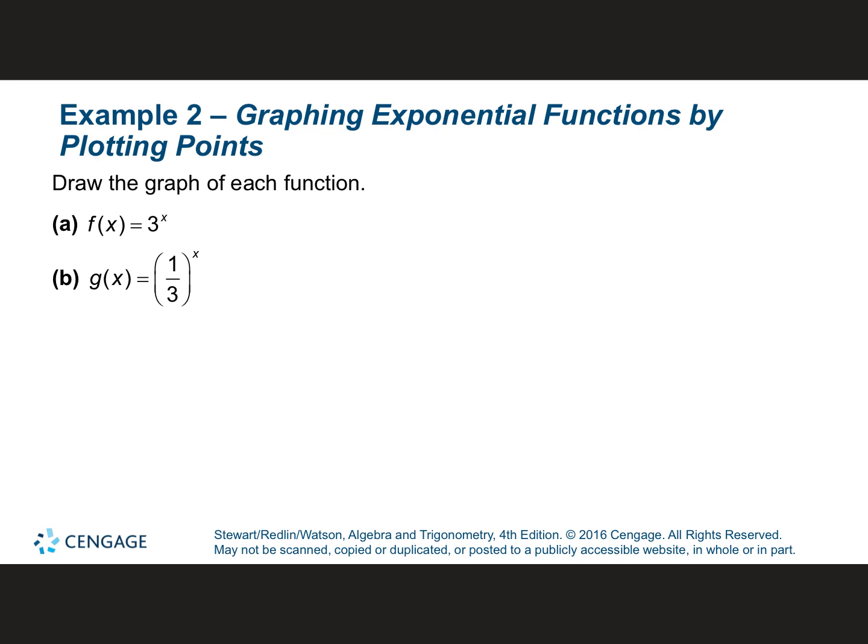So in example 2, we're going to draw the graph of each function. When we graph it, we want to plug in values into our x, find the points, and then just plot the points. So I'm going to make a table. I want to plug in values for x, get values for y, and then plot those points on my graph.